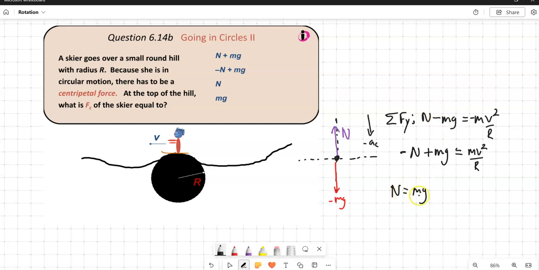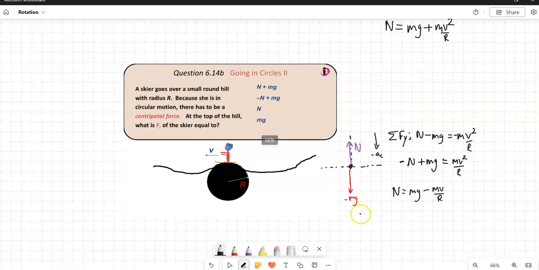So this shows the normal force is holding up the weight. But then you're subtracting off that centripetal acceleration. So when you go over a hump, the road doesn't have to hold up your entire weight. It has to hold up something less than your weight. So the normal force is going to be less than mg. Okay. So that's kind of interesting.